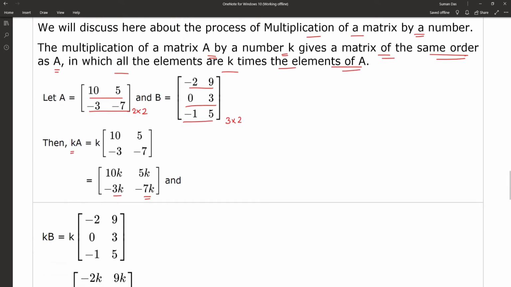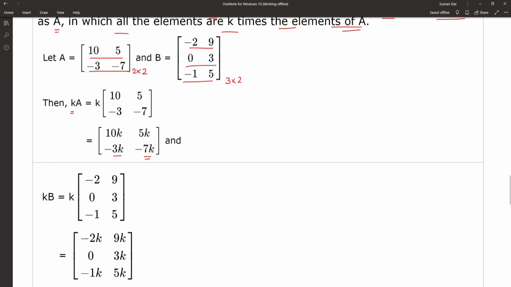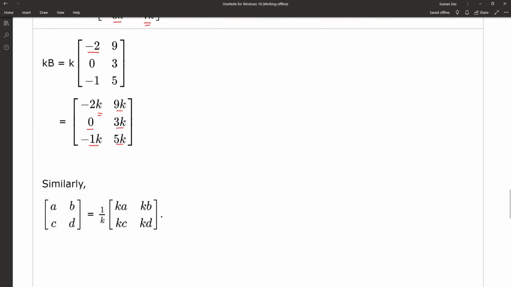And also if we multiply the scalar k with the matrix B, then each and every element of the matrix B is multiplied by k. So we get minus 2k, 9k, 0 into k, that is 0, 3k, minus 1k, and 5k. Similarly, we can say [A B C D] is equal to 1 by k, [kA kB kC kD].